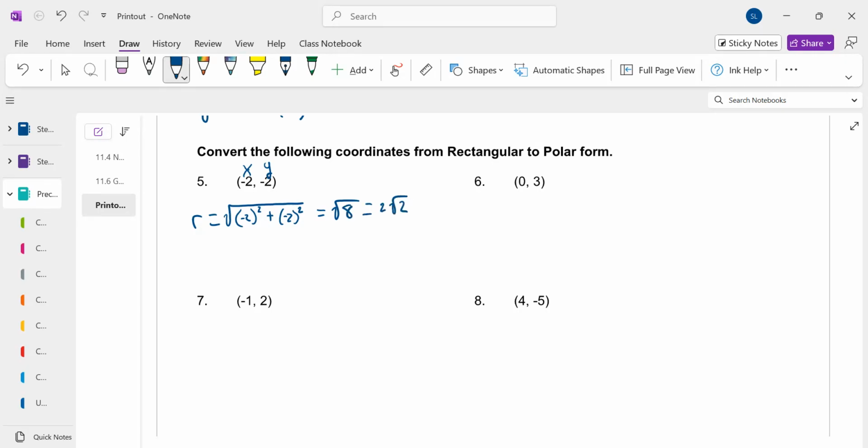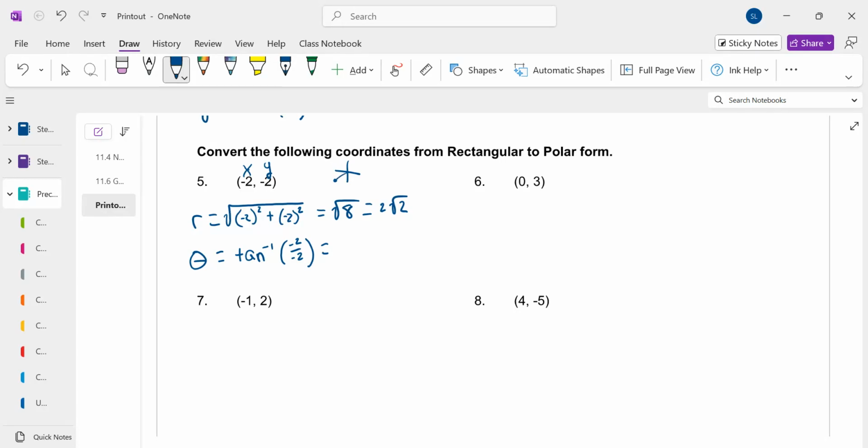I'm simplifying that quickly. And then theta, I'm going to do inverse tangent of -2 over -2. That fraction is really 1, so inverse tangent of 1. That occurs at a 45, but let's think about what quadrant I'm in. -2, -2. That's down here.